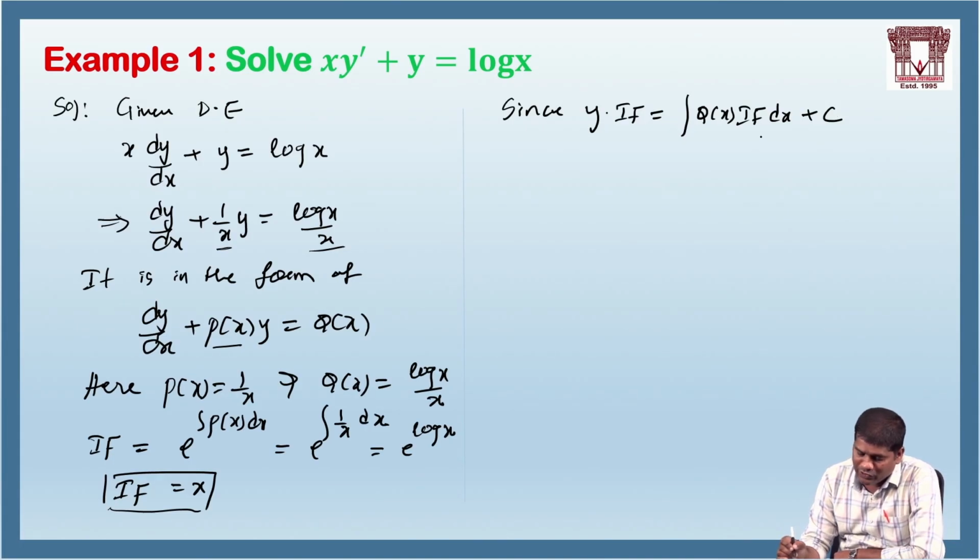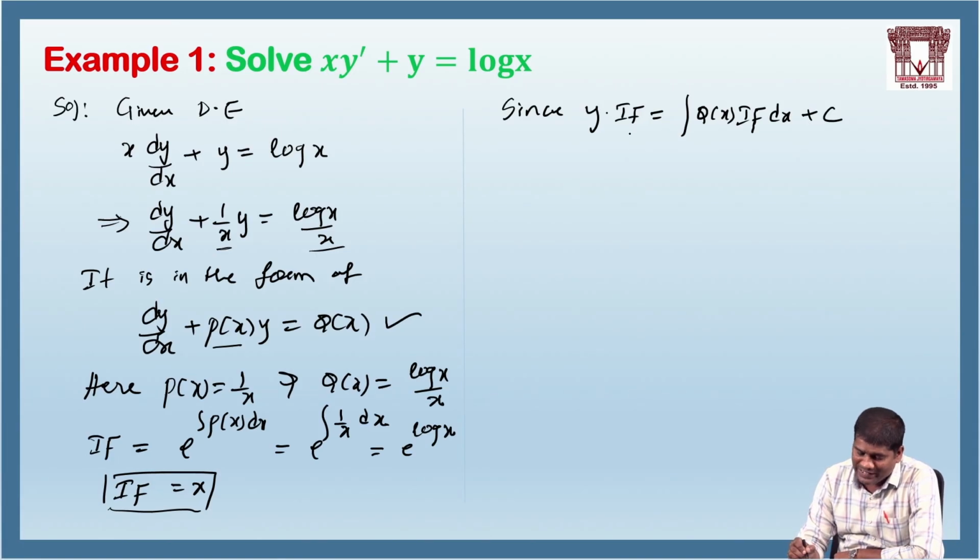This is the general solution of this linear differential equation. Here y is the dependent variable, so y into integrating factor is equal to integral of q of x into integrating factor dx plus c.